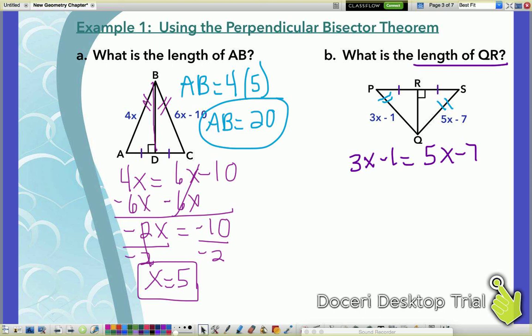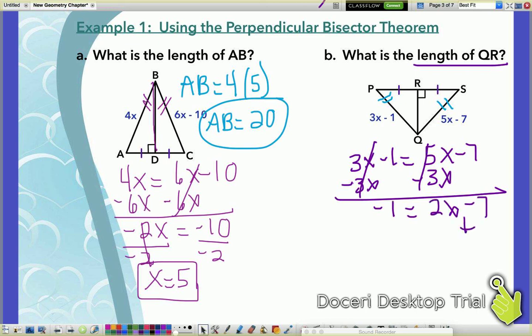It doesn't want x, although you have to have x to find that, but that's not our ultimate goal. So I'm going to move 3x over here. Something happened. And I'll add 7. 6 is equal to 2x, so my x is 3.